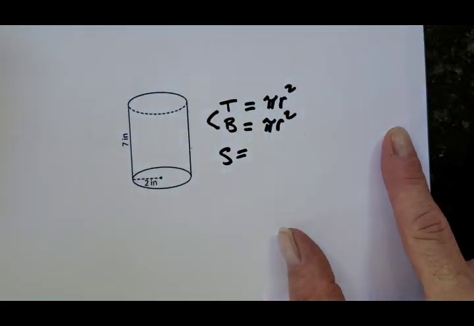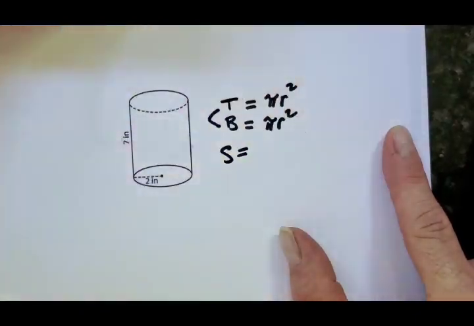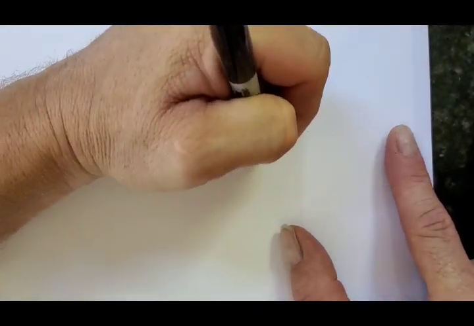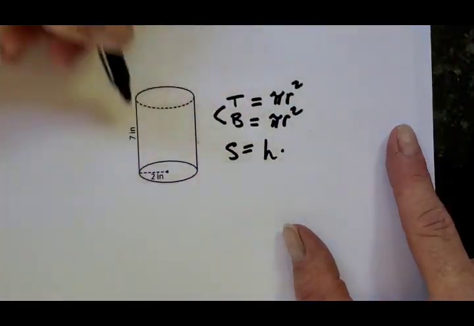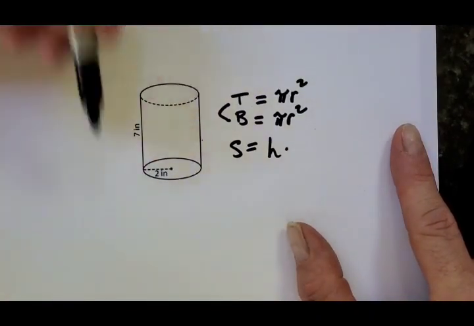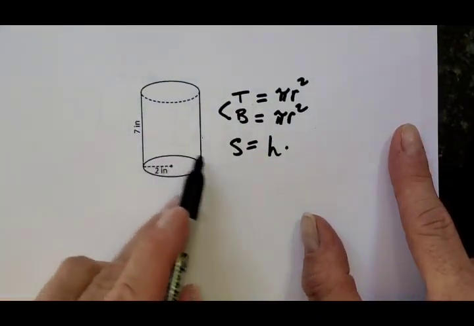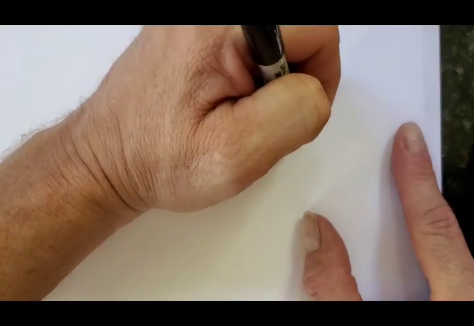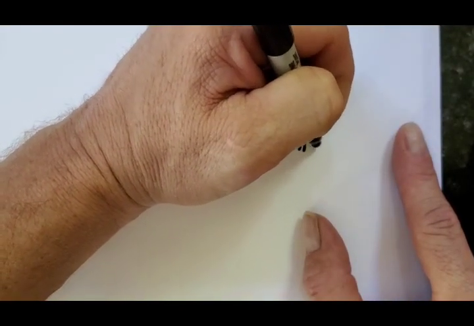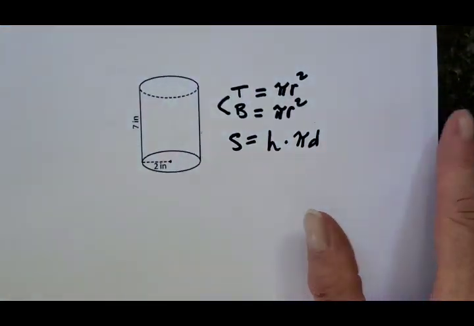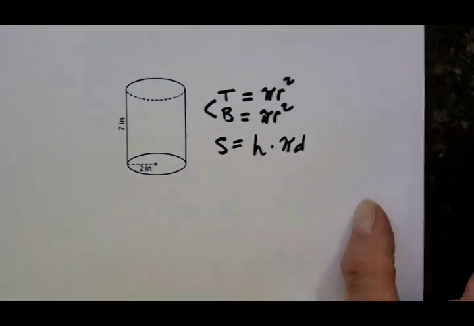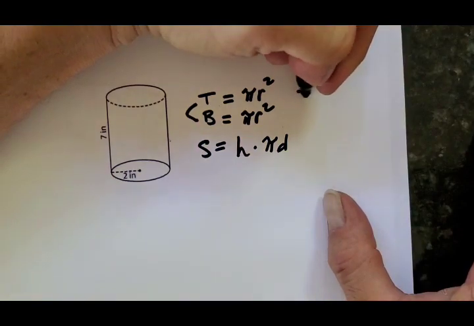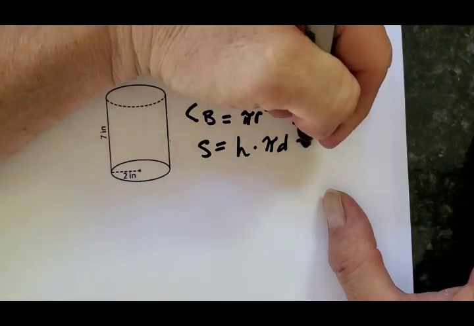The side, again, is going to be the height of the cylinder times the circle's circumference. The circumference is equal to, all right, so that's what we need. I'm going to plug in the values, come up with an answer.